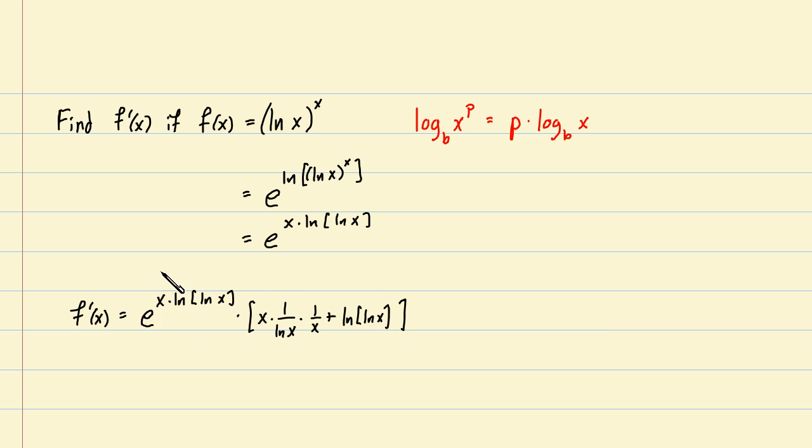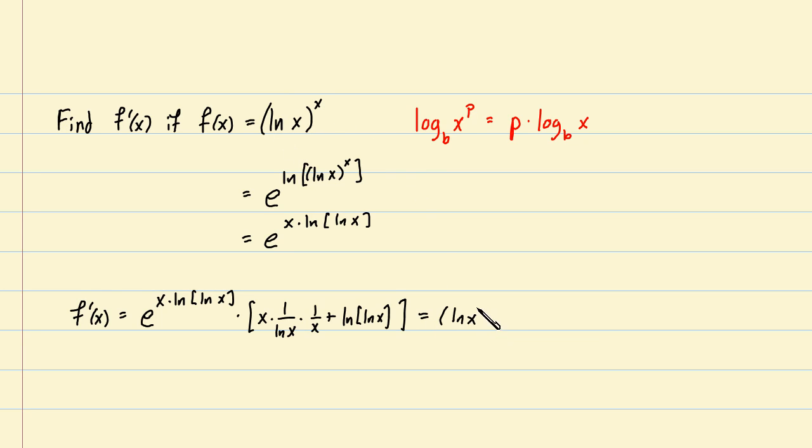And here again, we can always expect this piece in the front, this e to the something that resulted from differentiating this e to the something, to be the same e to the something. And that e to the something, again, is just another form of what we started with, so I can replace this guy with this guy.